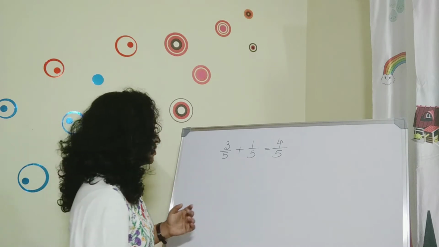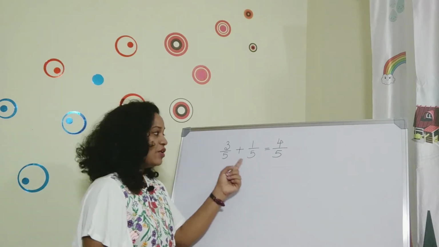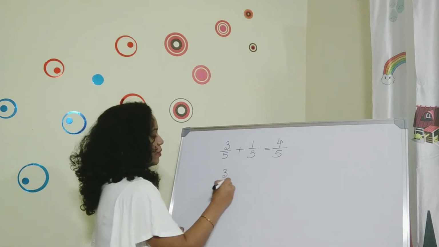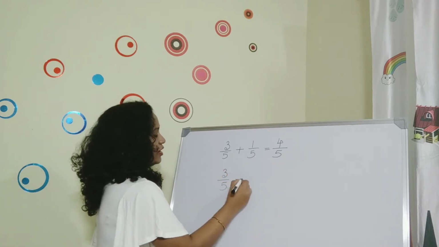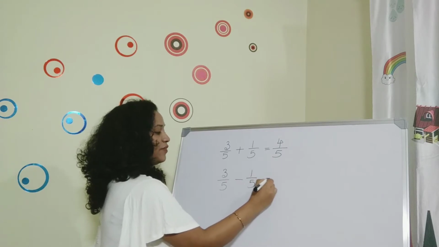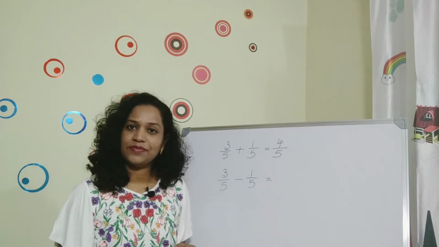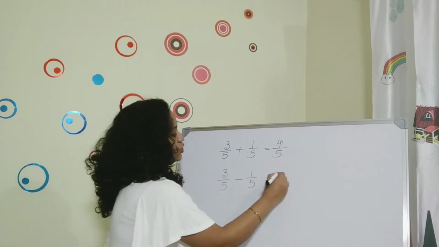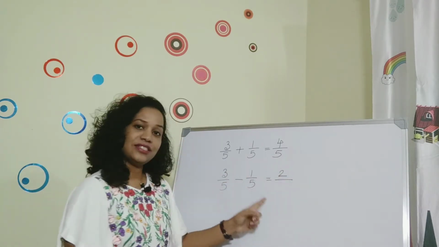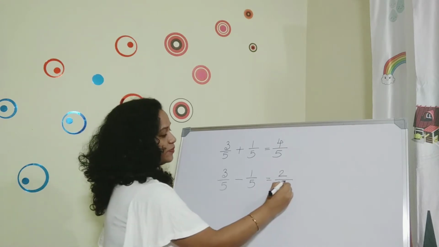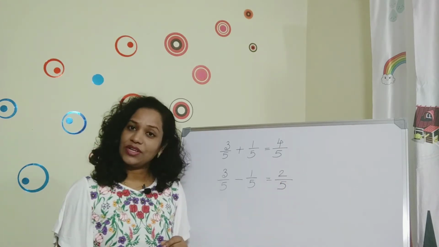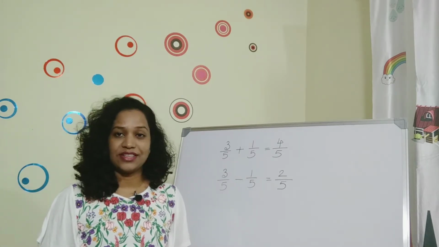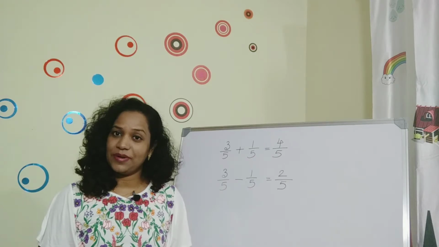So what will be the answer if we subtract 1 by 5 from 3 by 5? 3 by 5 minus 1 by 5. Any idea? Yes, 3 minus 1, which is 2 by the same denominator. Got it? So the addition and subtraction of like fractions is very simple.